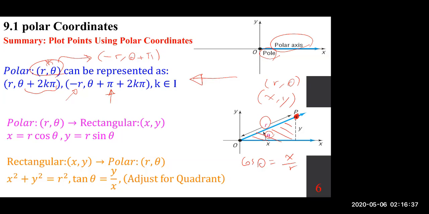Okay, look at this shape. If you look at this triangular shape, you can see that cosine theta is x over r, therefore x is r cosine theta, and sine theta is y over r. And therefore, we have those formulas. The formulas, I think, should be familiar.